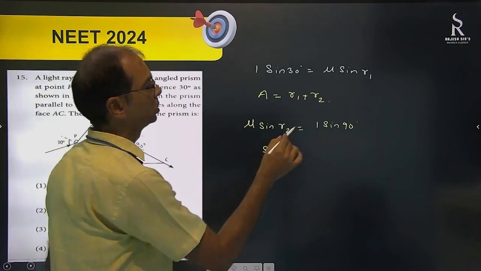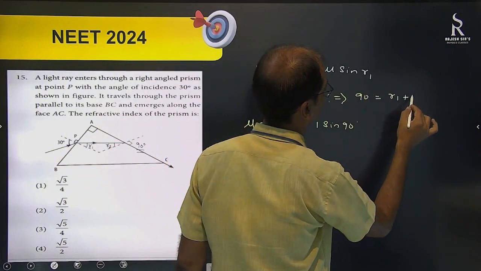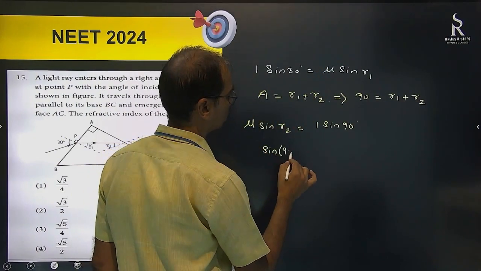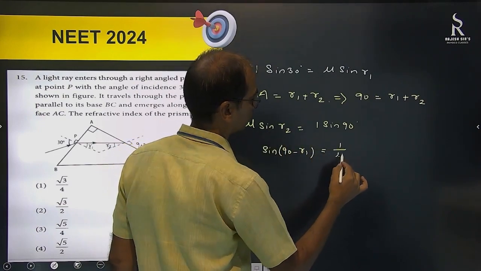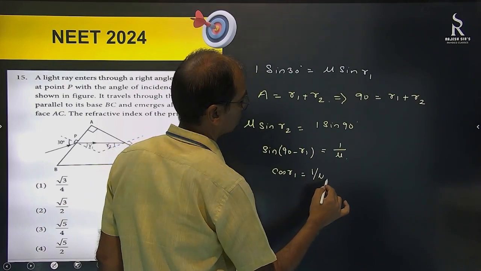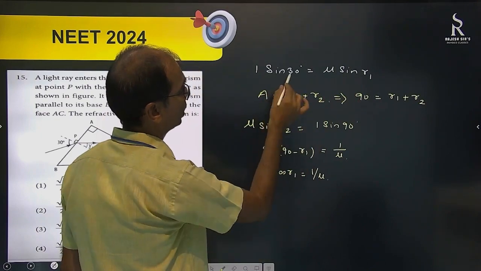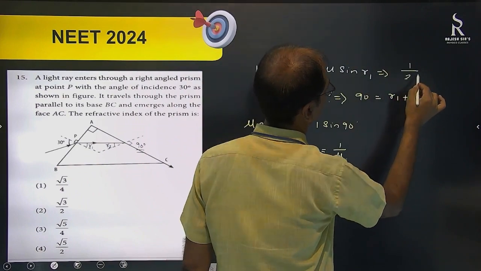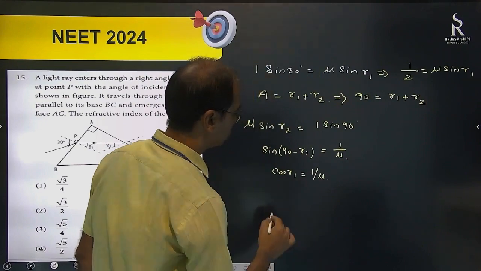So 90 equals R1 plus R2, so R2 equals 90 minus R1. So mu cos R1 equals 1. And from here, can I get the sin R1 value? Yes, sin 30 is 1 by 2, so 1 by 2 equals mu sin R1. So sin R1 is 1 by 2 mu.